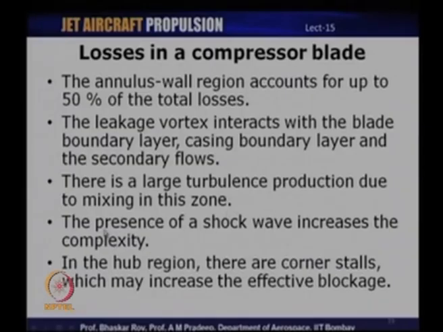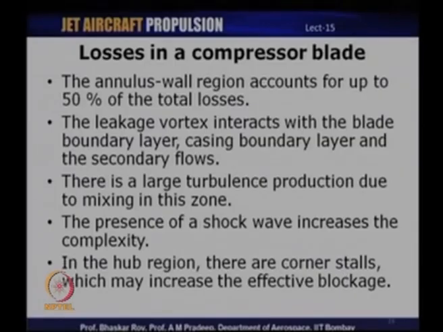And if there is shock wave present, as in the case of transonic rotors, there is an additional complexity which is introduced. And in the case of a hub, there are also corner stalls because of boundary layer growth on the blade surface and the hub surface itself.